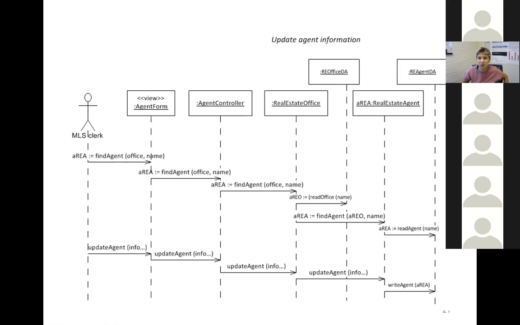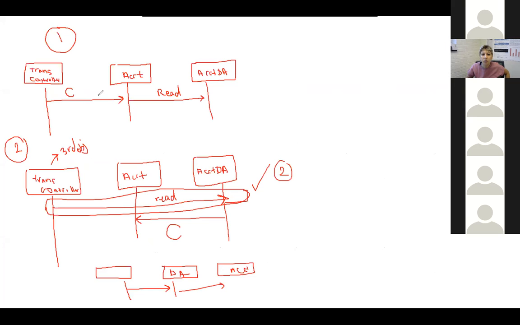Maybe that's the best wording for this example because the names of the methods, they're not helping you. So here, look at this example. Are you talking to the domain layer object first or to the data access layer object first? If you talk to the domain layer object first, that's method 1. If you talk to the data access layer object first, so this is 1, 2, this is 1, 2, that's method 2.